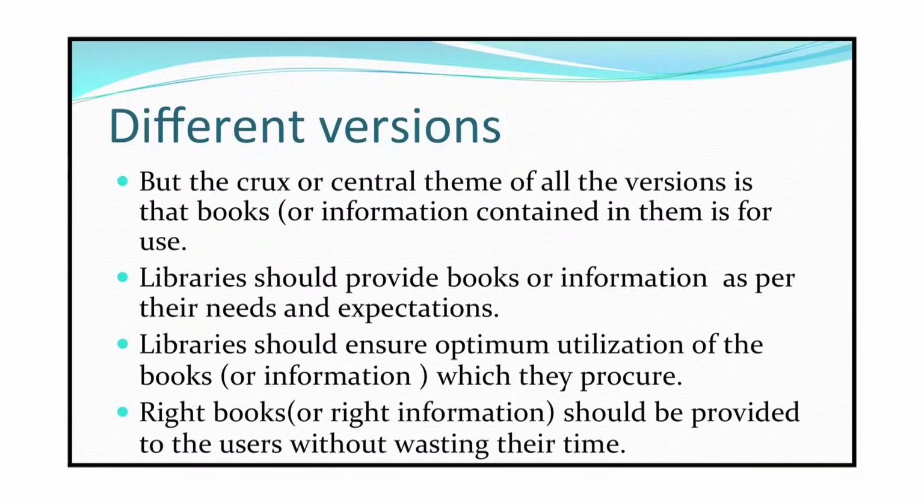Libraries should provide books or information as per the needs and expectations of their users. Libraries should also ensure optimum utilization of these resources or books, since they spend huge amount of money in procuring them. Right books or right information should be provided to the users without wasting any time.